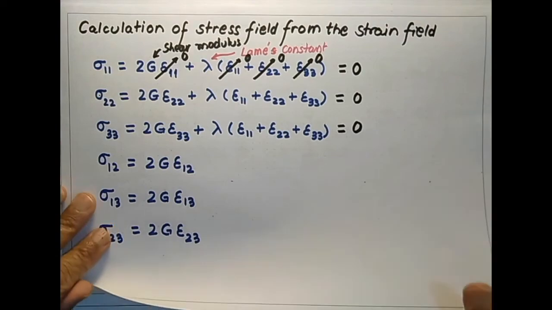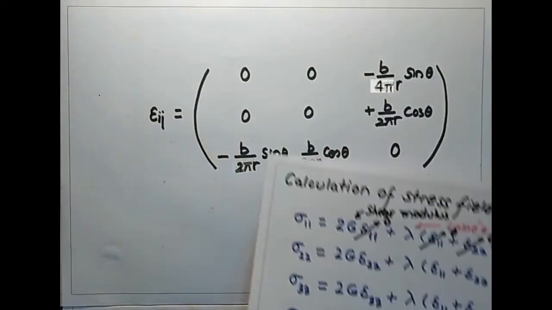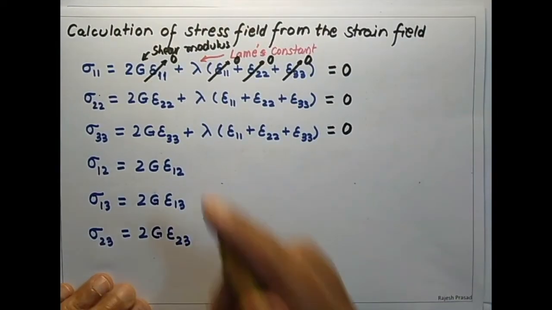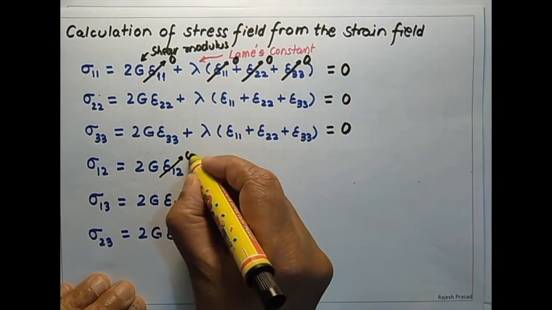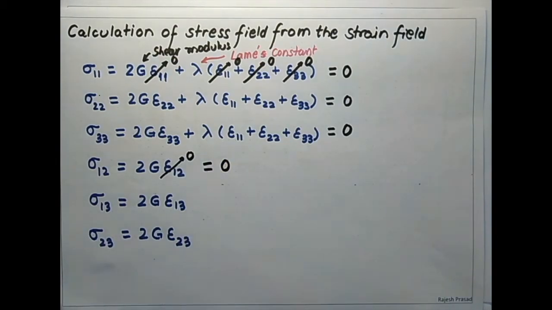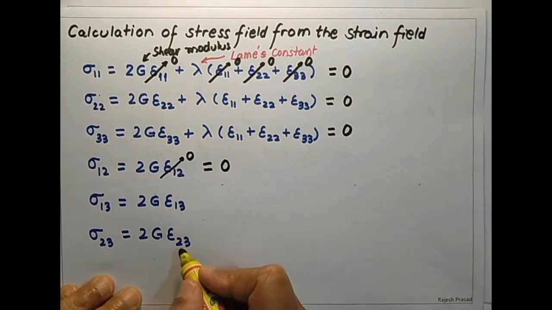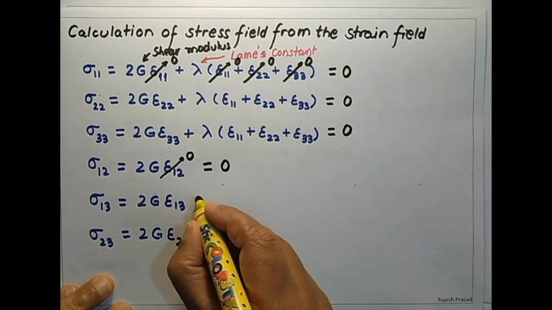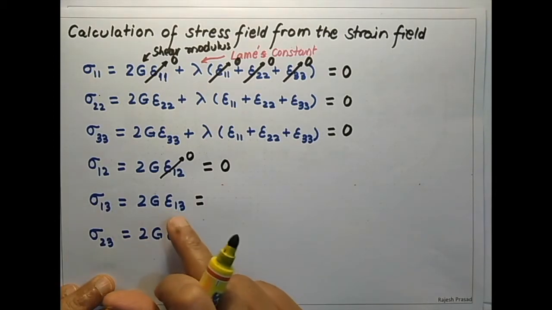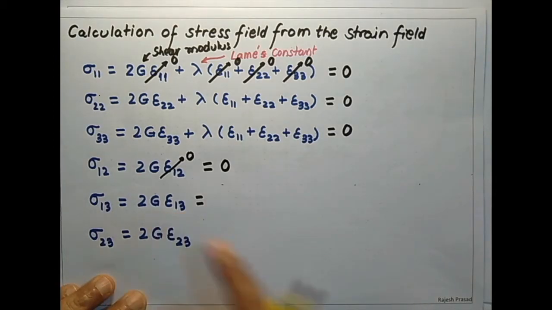Epsilon 1 2 is still 0, so this stress component also becomes 0. Epsilon 1 3 and 2 3 were the only non-zero strain components, and they contribute to the non-zero stresses. So all we have to do is to multiply the corresponding strain component by 2G.